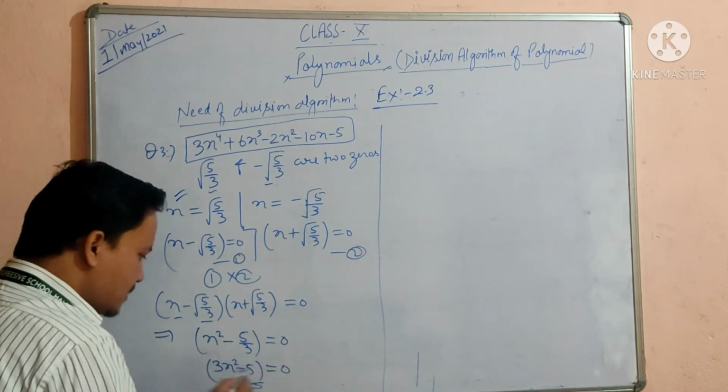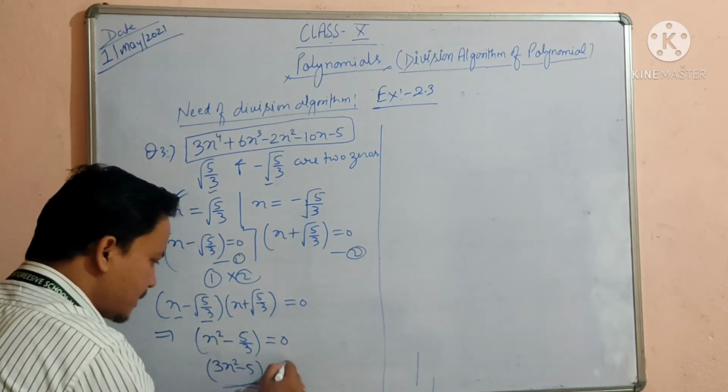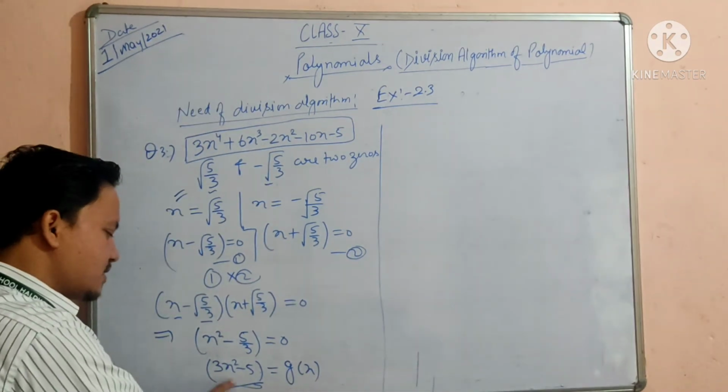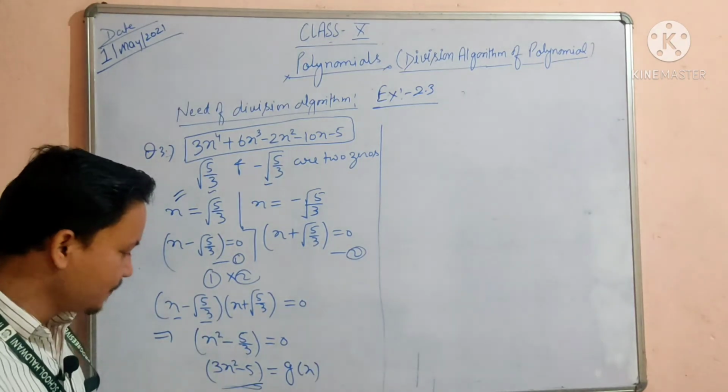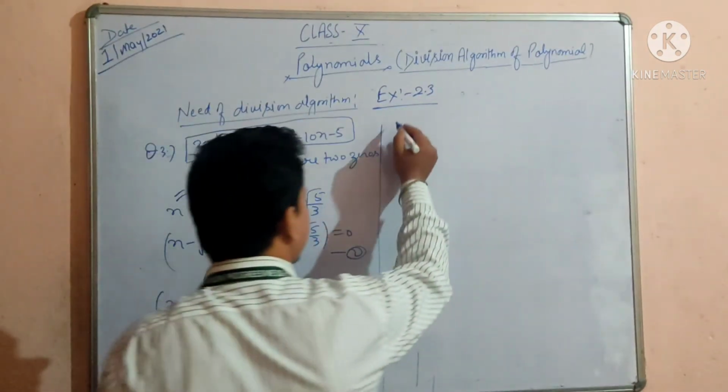ठीक, and you can see, if you are not turning it equal to 0, then you can write it like gx. Okay, so now we got a gx which is 3x square minus 5. Now we will divide px with gx. ठीक है, अब ये क्वेश्चन पहले की तरह हो गया.